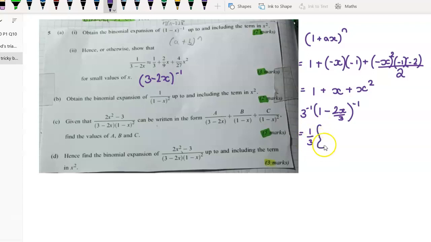And we want to multiply that by, and everywhere that we've got an x here, we're going to replace that with 2x over 3. Okay, 2x over 3 plus (2x over 3) all squared.